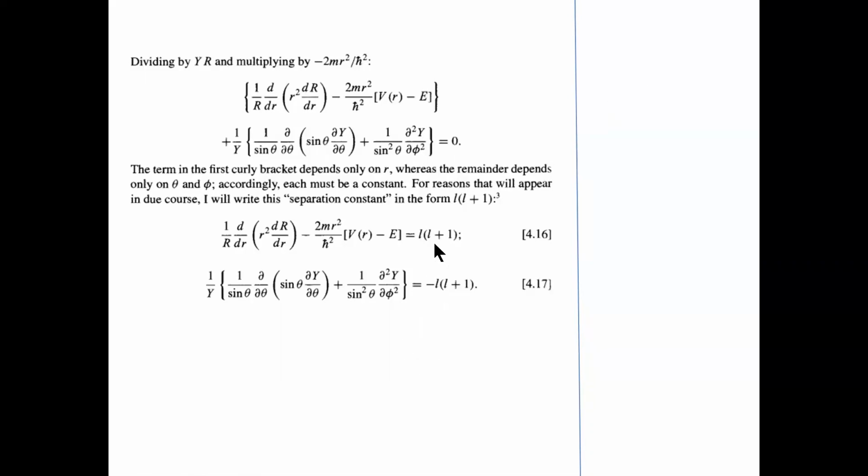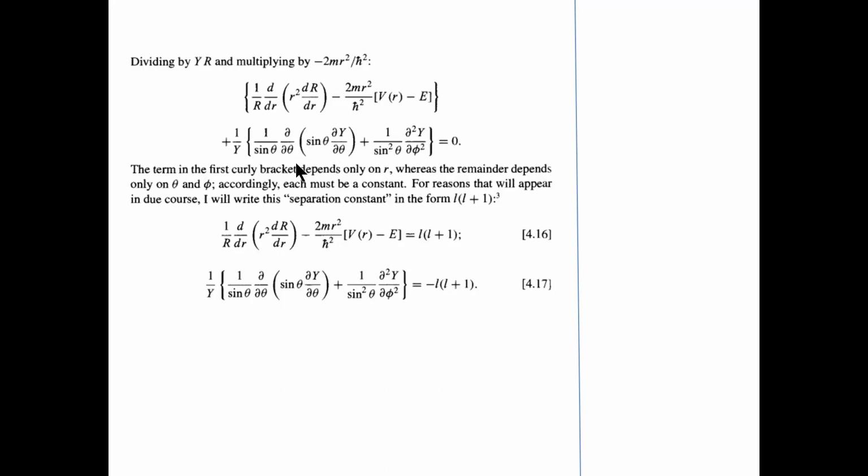Why do we write this as plus and the same constant as minus? You can see from this equation itself. This equation contains only terms of r. So when r changes, there is no dependence on r here. For a change of r, there should be some corresponding change of theta so that this equation sums up to 0.